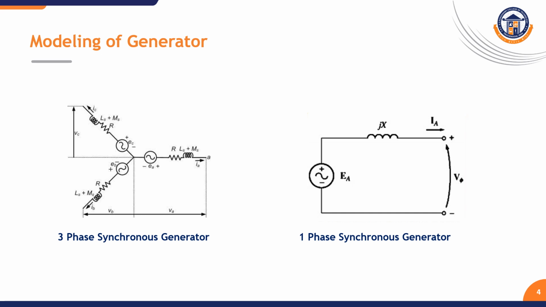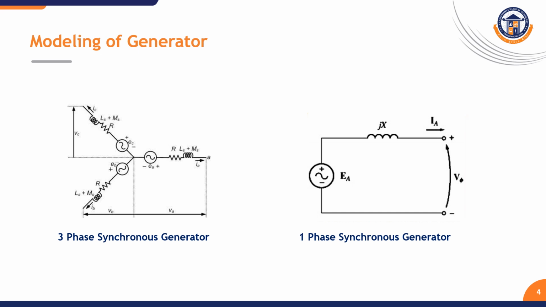The first one is modeling of generator, that is, the equivalent circuit of generators. The first diagram shows the three-phase synchronous generator equivalent circuit, and the second diagram shows the single-phase synchronous generator equivalent circuit. The three-phase synchronous generator has three windings called R phase, Y phase and B phase.